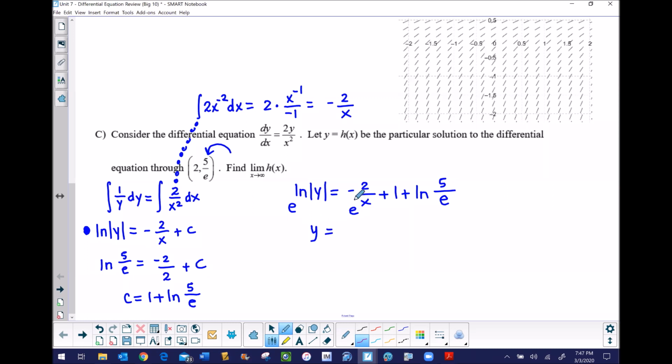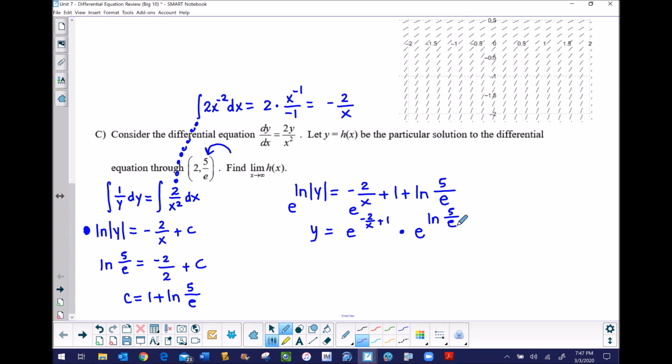Over here, we have e to the negative 2 over x plus 1 power, and then that plus can drop as a times as long as I use another base of e. And that's kind of nice.